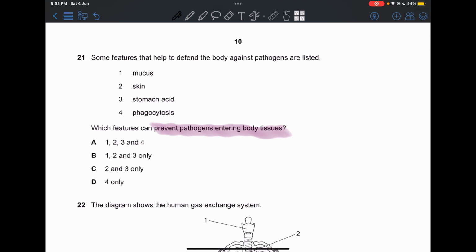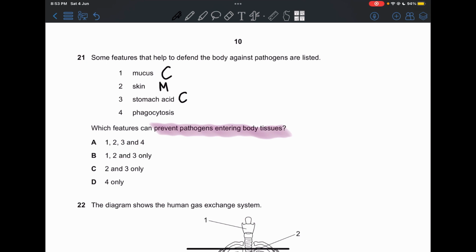So over here, mucus is a form of a chemical barrier, so we're going to be choosing that. Skin is also a mechanical barrier. Stomach acid is a chemical barrier. And phagocytosis will not work in this question because phagocytosis is the engulfing of bacteria and pathogens.